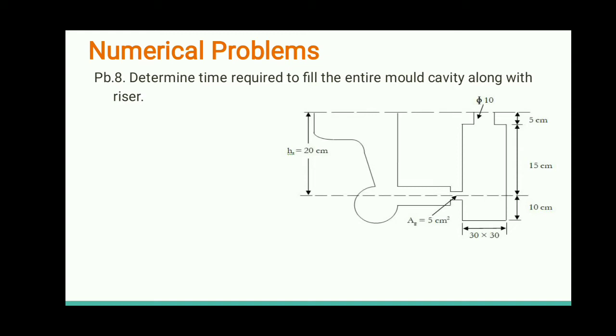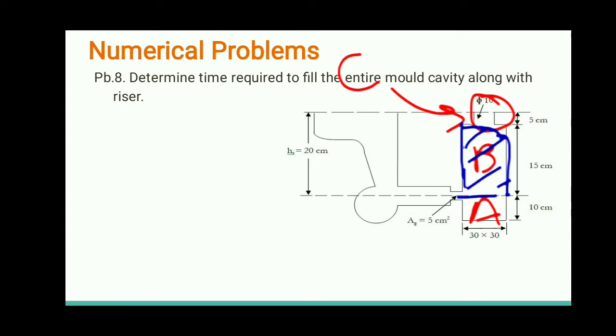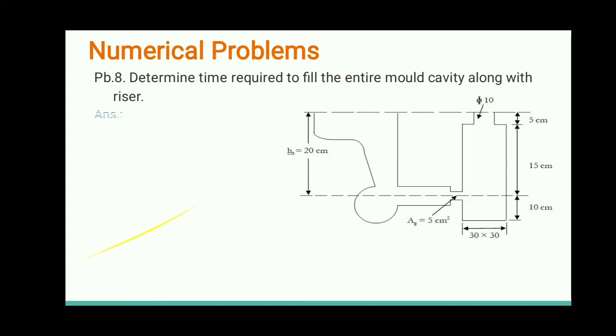Whatever mold cavity is below the parting line, we fill with the help of the top or vertical gate, and whatever mold cavity is above the parting line, we fill with the help of the bottom gate. So now I am dividing this whole mold cavity into three sections: A section, B section, and C section, that is the riser. A section we fill with the top gate, B and C we fill with the bottom gate. So let's start.